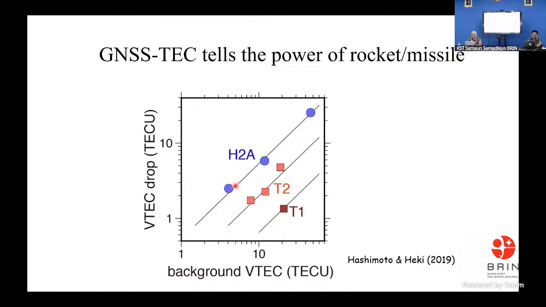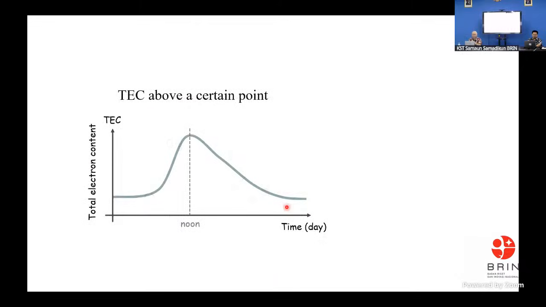For example, for the H-2A rocket, I observed 3 different launches. Then they are on the same line. And these red squares are the ICBM from North Korea, the newer generation. And this is an old generation. So we can tell how powerful a rocket or a missile is by analyzing the GNSS data. And the data are open, so anyone can analyze.